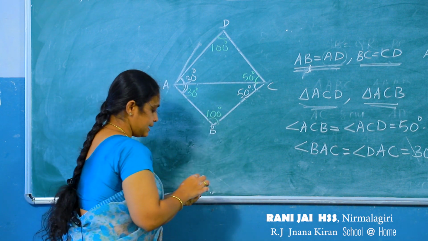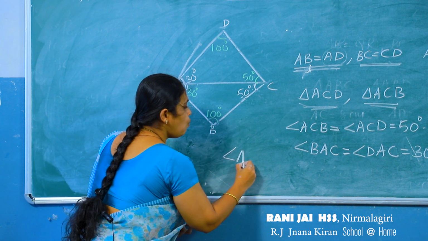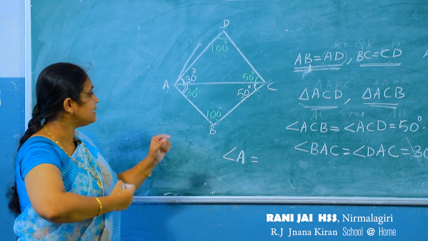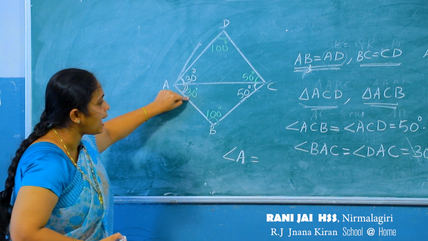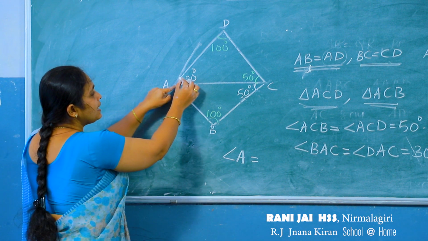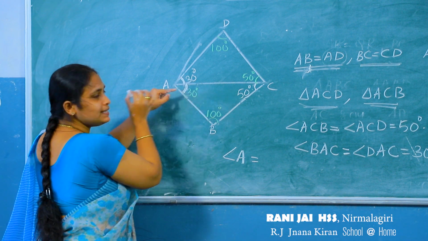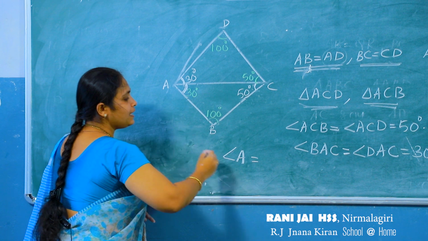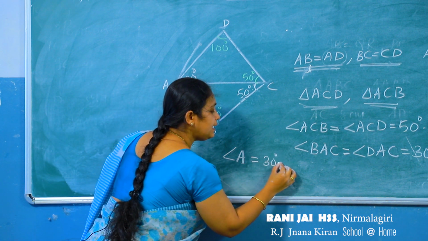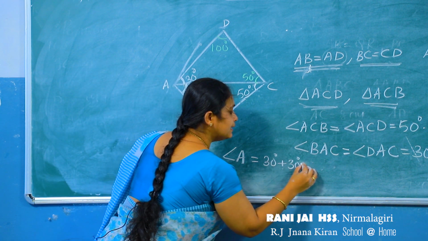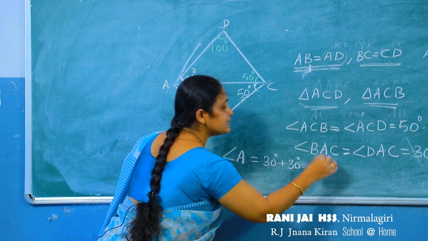Okay. For finding angle A, what is angle A? Angle A equal to this whole angle. Okay, that is here 30 plus 30. That is angle A equal to 30 degree plus 30 degree equal to 60 degree.